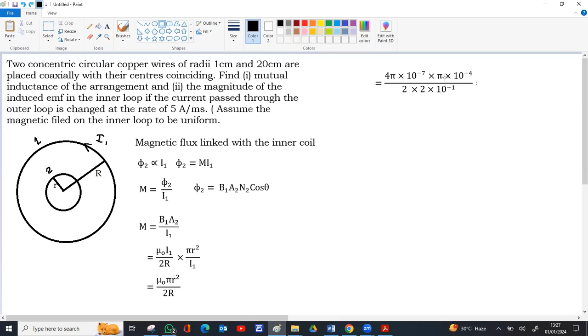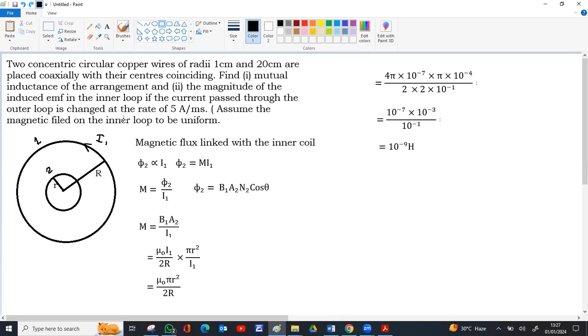Pi and pi becomes pi square. Pi square can be approximately taken as 10. So the 10 to the minus 1 stays as it is. 10 to the minus 4 becomes 10 to the minus 3 because pi square is 10. Then this 10 to the minus 1. So 10 to the minus 1, 10 to the minus 2, 10 to the minus 2. So total 10 to the minus 7 plus minus 2, 10 to the minus 9. So the mutual inductance is 10 raised to minus 9 Henry.